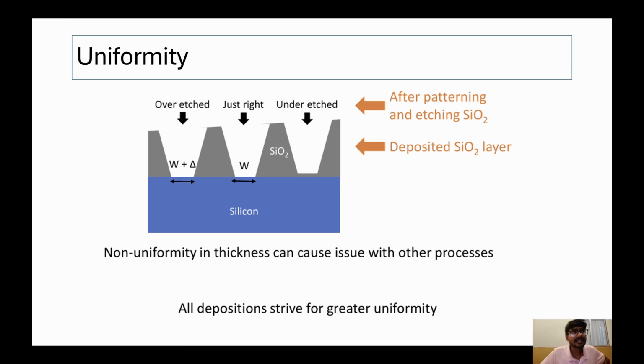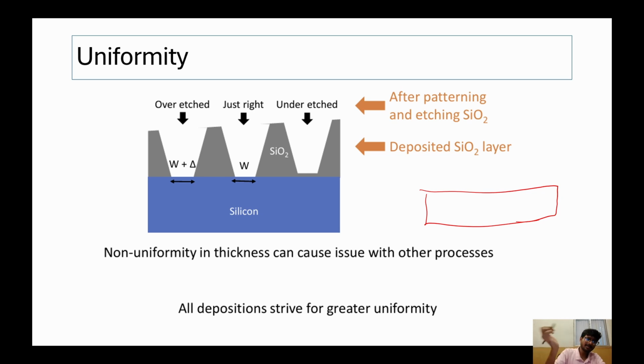There are some terminologies, some metrics you need to take care of. What is the uniformity of the material on the substrate? Let us say this is our substrate, and over that you would like to deposit silicon dioxide.